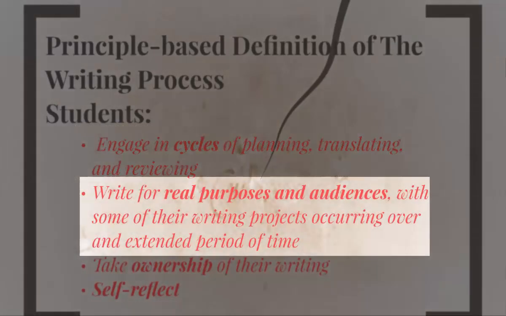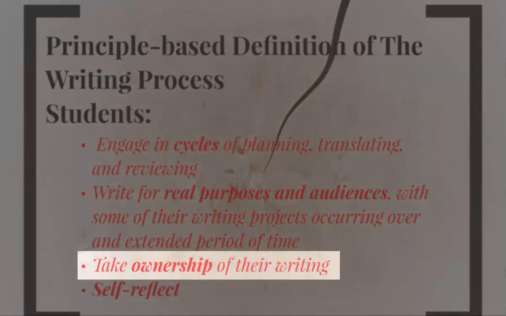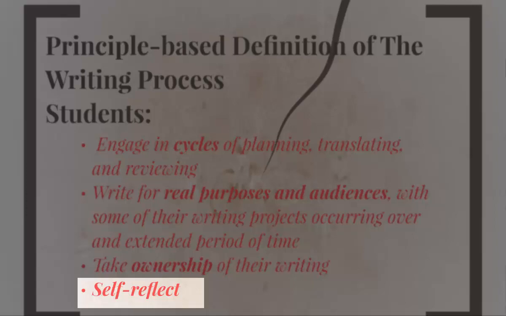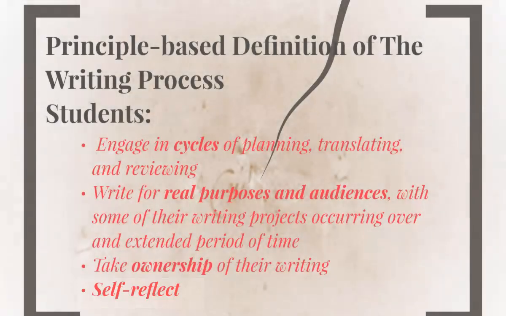Students write for real purposes and audiences, with some of their writing projects occurring over an extended period of time. Students' ownership of their writing is stressed, as is self-reflection and evaluation. Students work together collaboratively, and teachers create a supportive and non-threatening writing environment.